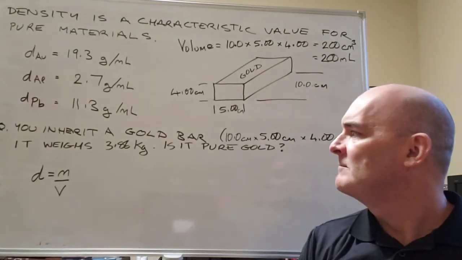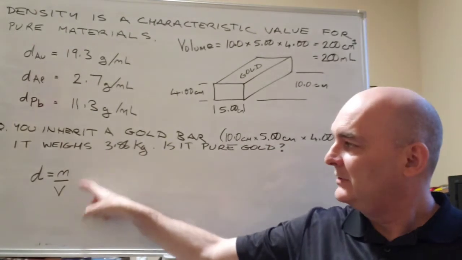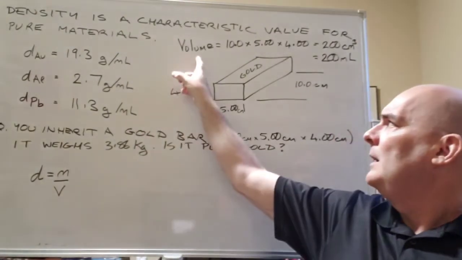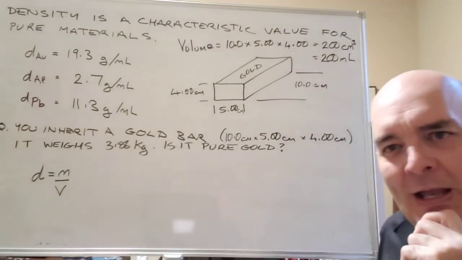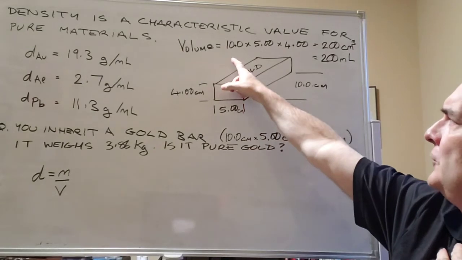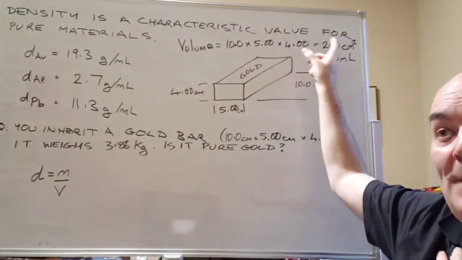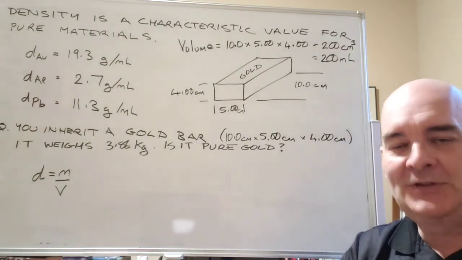Okay, so density is mass divided by volume. Mass is in the question. Volume is also in the question, but it's hiding. So it's a number that we have to work out. Volume, mentioned this a little bit earlier, is a 3-dimensional derived unit. It is a distance times a distance times a distance.